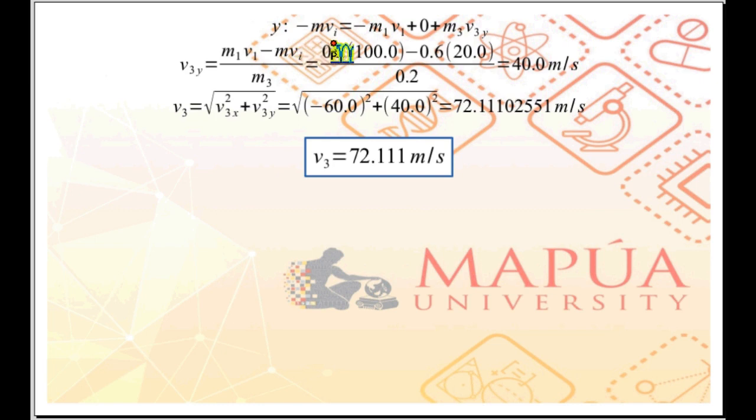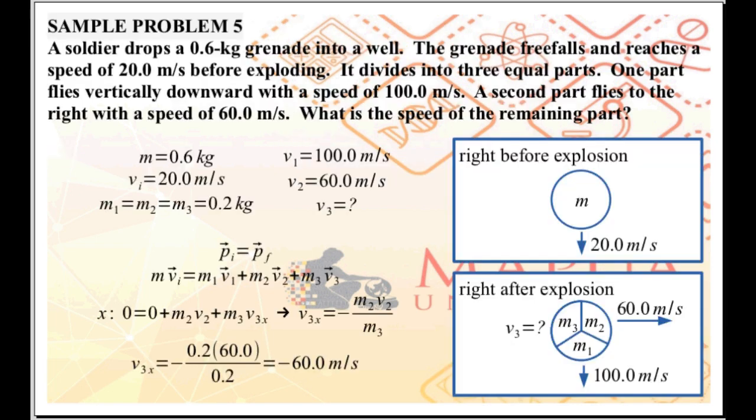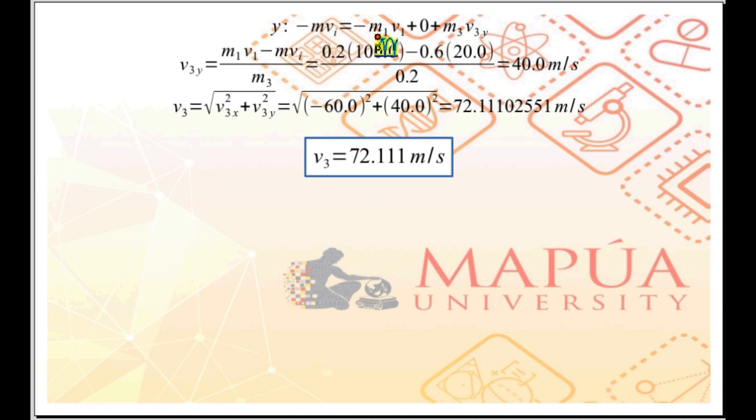This is equal to the final momentum. For fragment 1, the velocity is in the vertical negative direction, and fragment 2 is horizontal, with no y component. So we get minus m1 v1 plus 0.